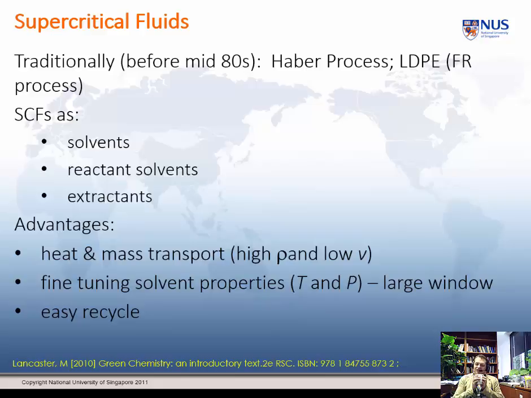It runs above the critical point of ammonia. The low-density polyethylene synthesis, high temperature and pressure, free radical polymerization. Again, effectively you had a supercritical liquid process there, but it wasn't necessarily called that at the time. They were just the conditions for the process.